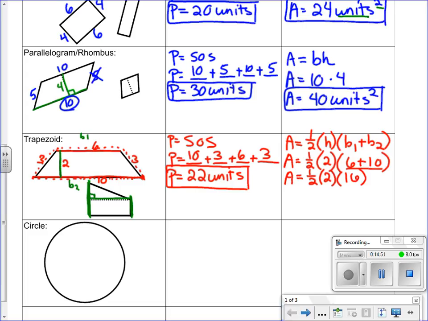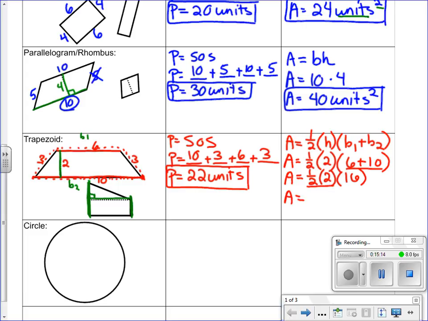Okay, well, here is pretty easy to do. I can do a couple different ways to find half. I can do half of 2, because that's easy. That's just 1. So 1 times 16 is 16. Or I can do half of 16. It's still easy because half of 16 is 8, and then 2 times 8 is 16 again. Or I can actually do the multiplication, 2 times 16, get 32, and then cut it in half. But I think the easiest way is I'm going to do that part first.